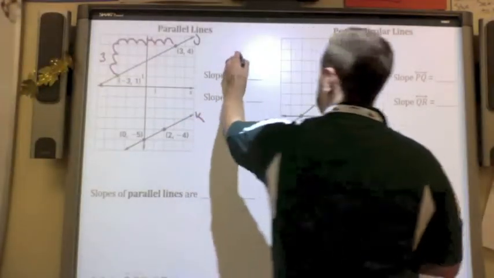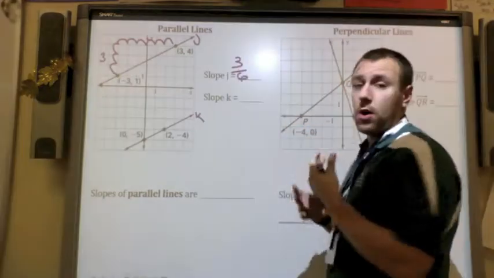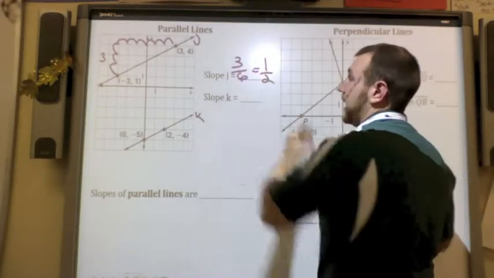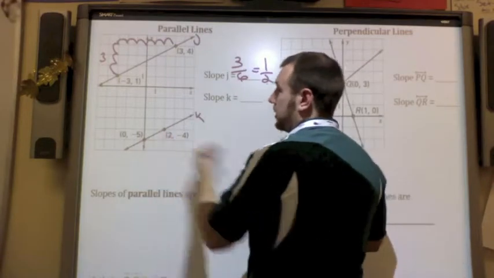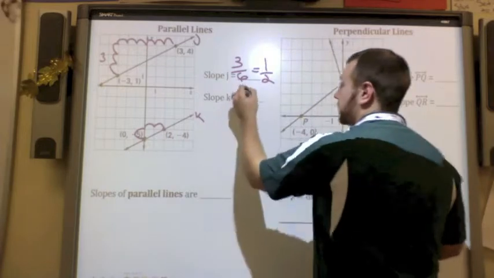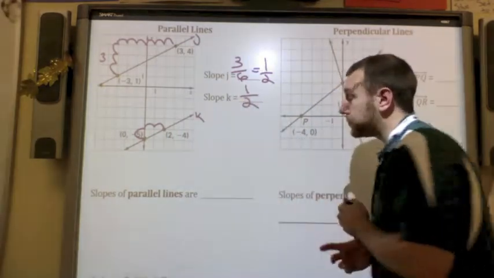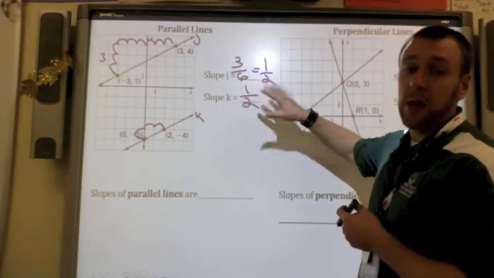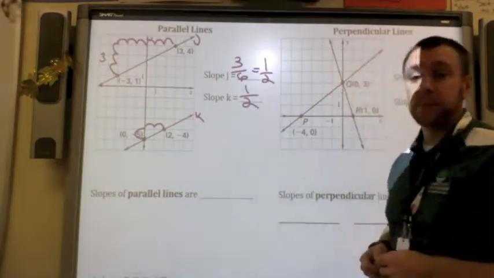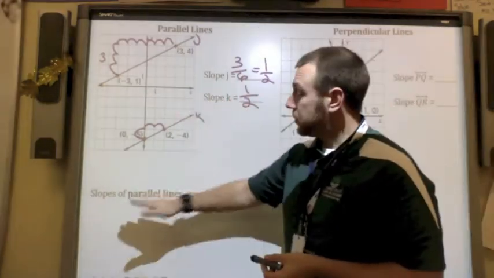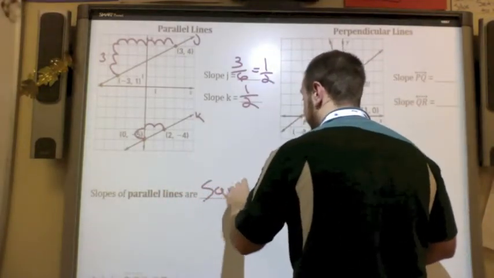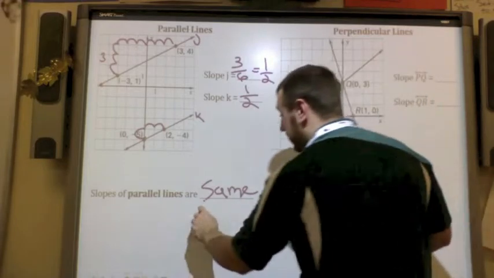So my slope is 3 over 6, or when I reduce it down, 1/2. This one, the slope of K, is up 1 over 2. Up 1 over 2. So you see how when I reduce these down, these slopes are the same. So slopes of parallel lines are the same. Means they're equal.